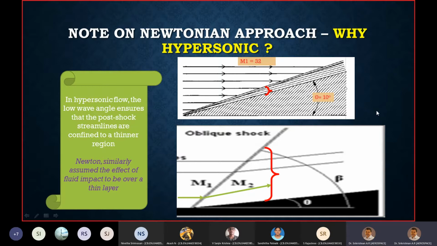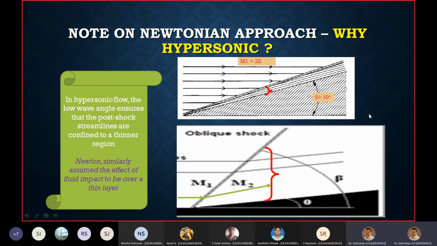I'm just schematically showing. I'm trying to impress upon the fact that when beta is low, the entire flow seems to be almost spreading over the surface, so that the entire momentum is going to be experienced by the surface. And that's the reason why Newton's theory finds an application in hypersonic flow.